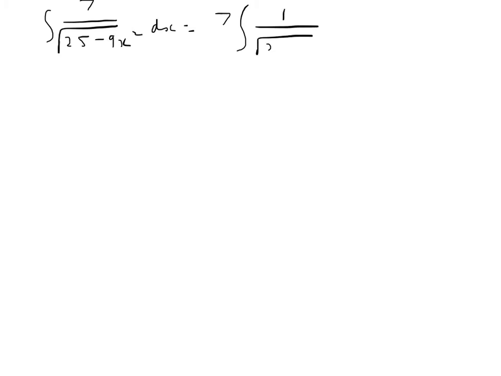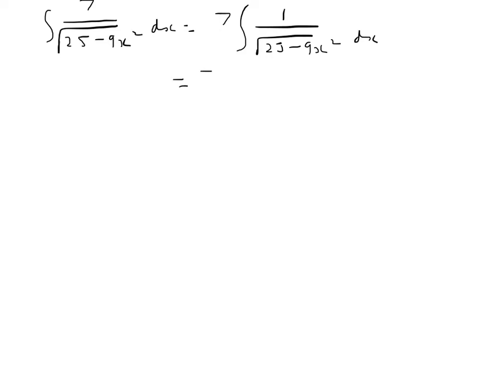Let's look at more complex functions now. What happens if we had 7 over the square root of 25 minus 9x squared dx? Okay, first thing we do is take out the 7 because we don't like that, and we're left with 1 over the square root of 25 minus 9x squared dx.